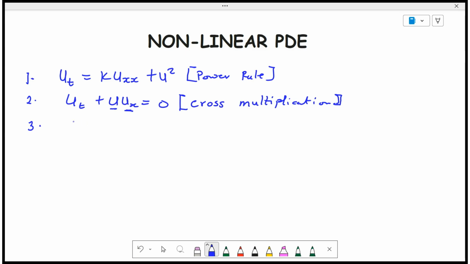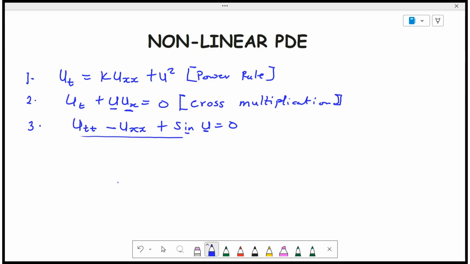So for instance, if we have u_tt minus u_xx plus sin u equal to 0, in this case, you can see that the sine function contains the unknown function u, and so this whole equation becomes a nonlinear PDE.